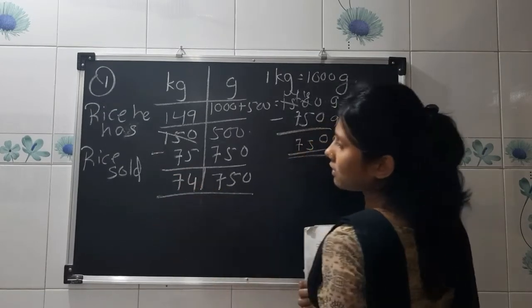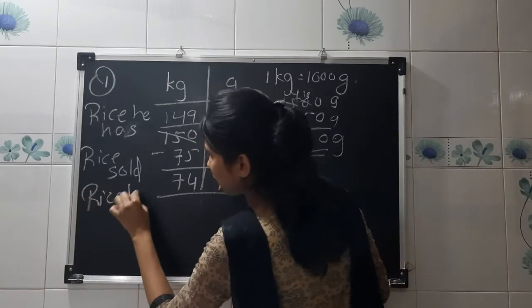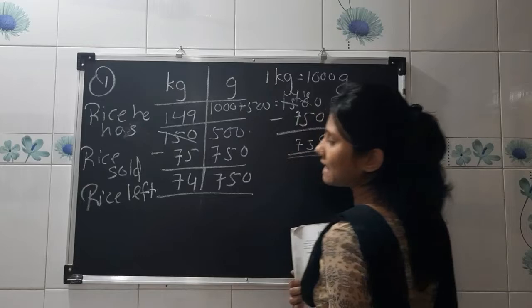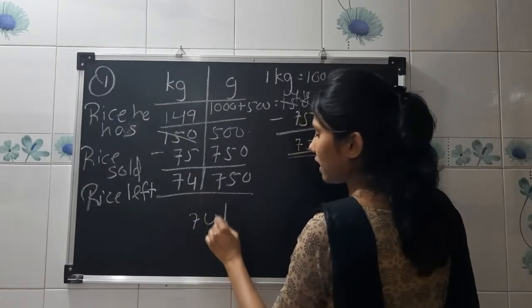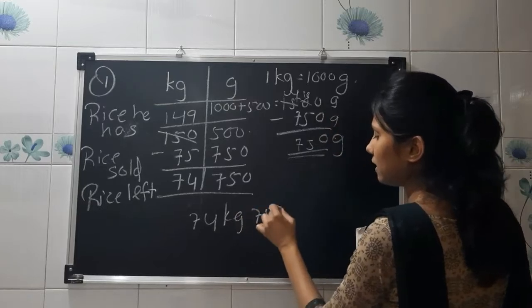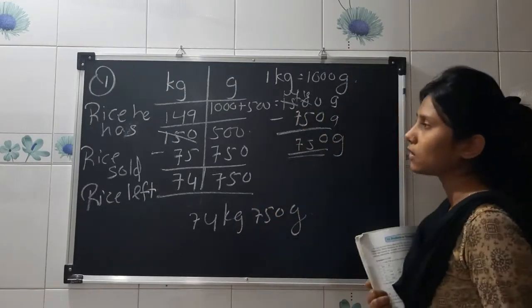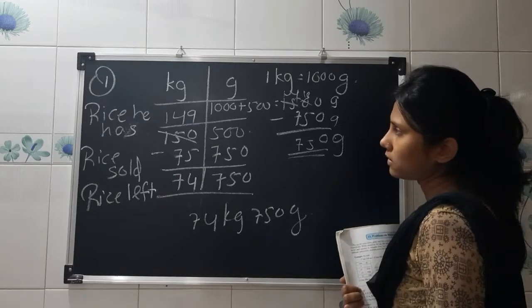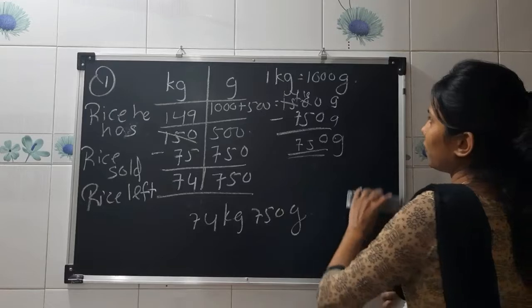So now the rice left with him is 74 kgs and 750 grams. Understood? You have to write the statement for each and every sum.